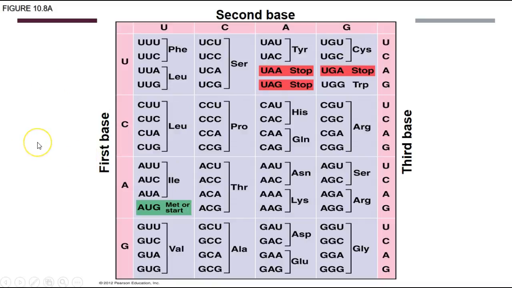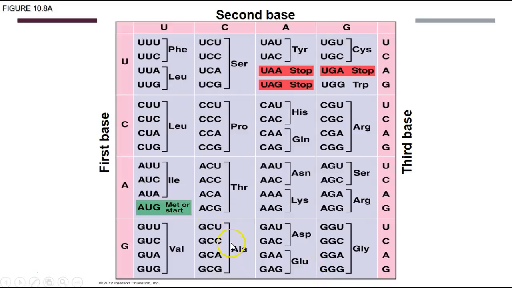So if we're trying to decode UCA, our first base is U, so it's going to be in this row. Our second base is C, which means it's in this column, and so it's going to be within this box here. And then A is my third base, and that tells me that that's UCA, which codes for the amino acid serine.